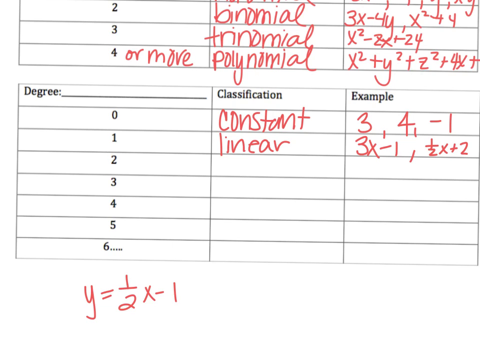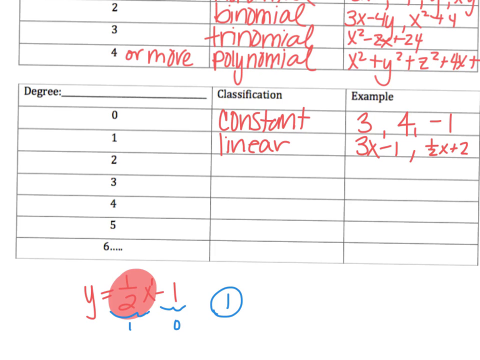Okay, if you notice you have the x here, the variable, well, the exponent on this x is a 1, making the degree of this whole thing a 1. Okay, that term has a degree of 1. This last term here has a degree of 0 because it has no variables. So we say the degree of this whole thing is 1 because we're going to take the highest amount.